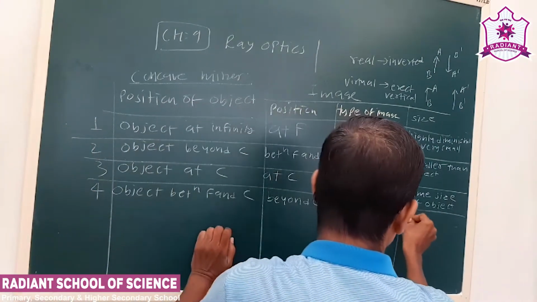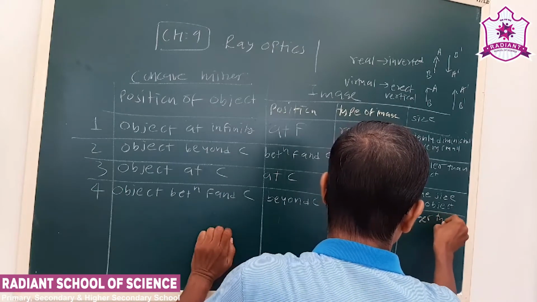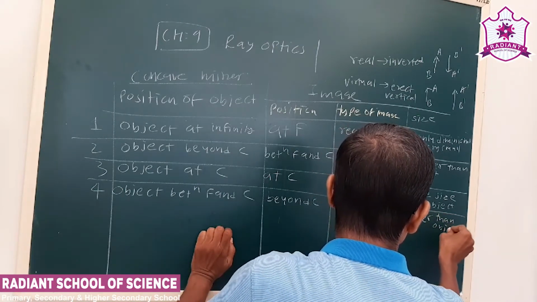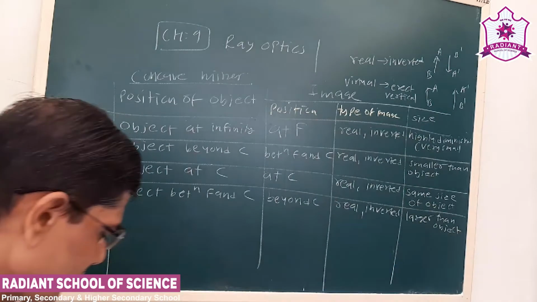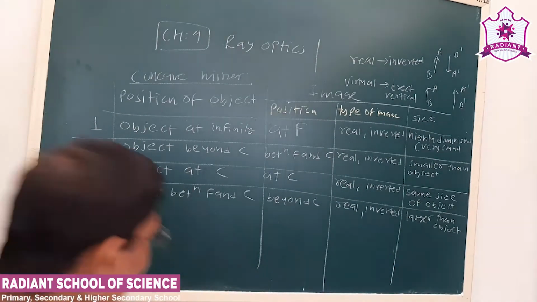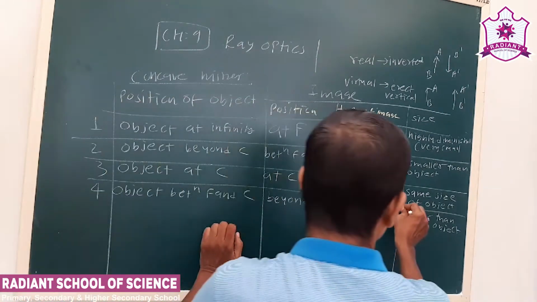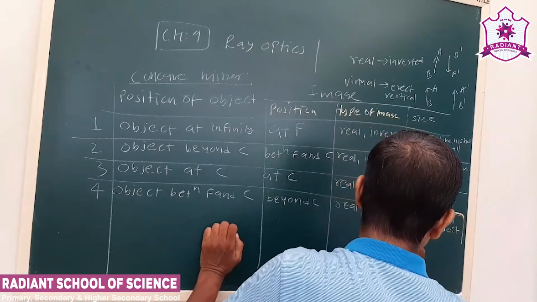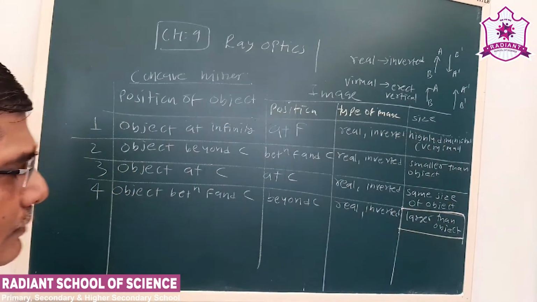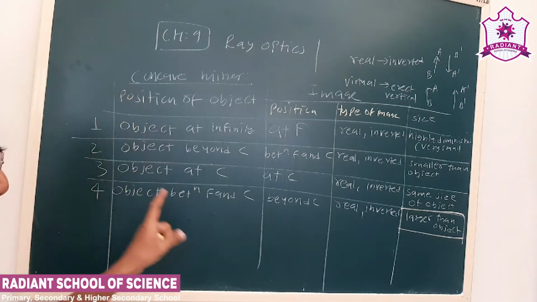The image will be larger than the object. So keep this in mind: when we want an enlarged image using a concave mirror, we have to place the object between F and C.